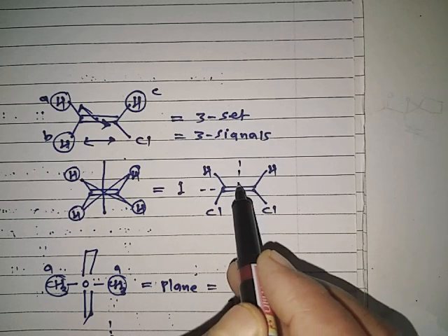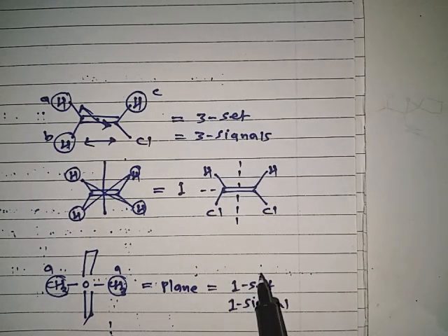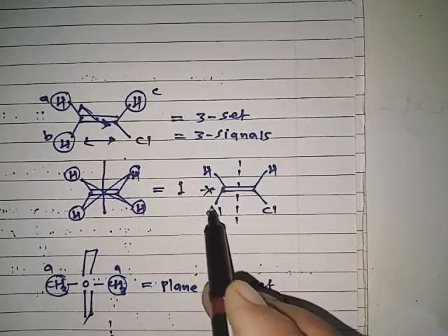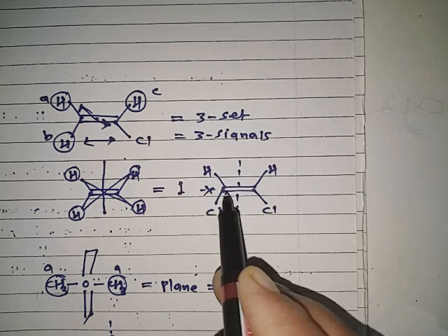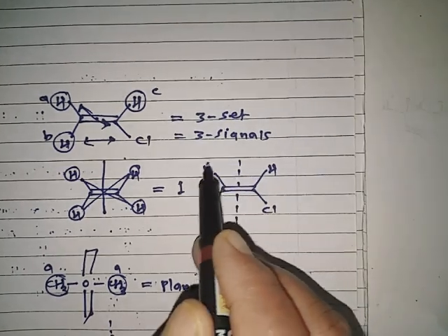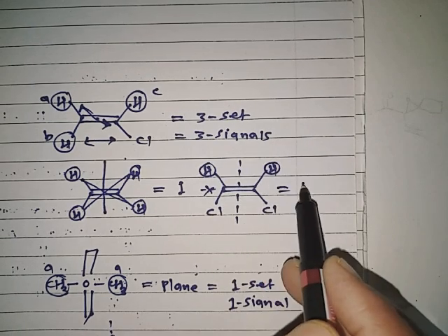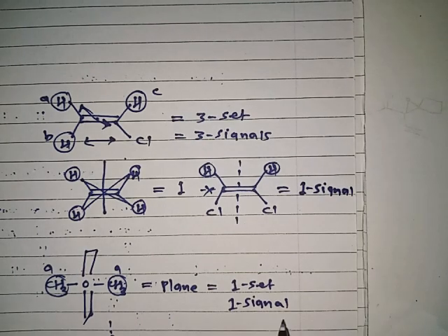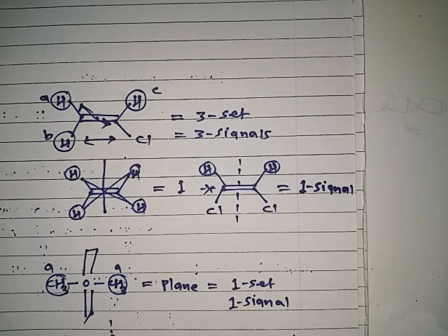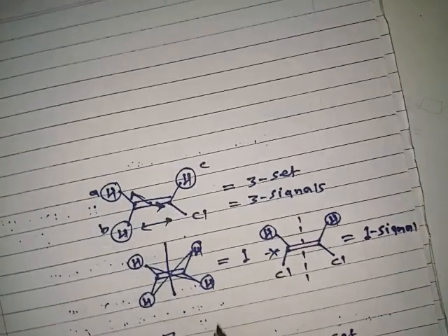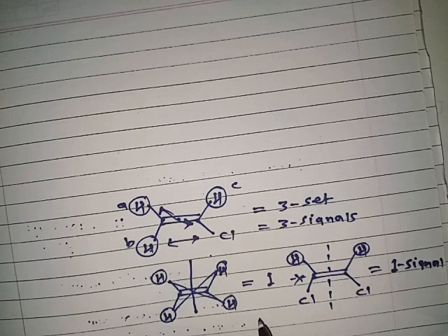Sorry, this vertical plane, not horizontal, because this half of the molecule is exactly identical to this half. Therefore, this shows only one signal. So in this way we can determine the number of signals in aliphatic compounds.